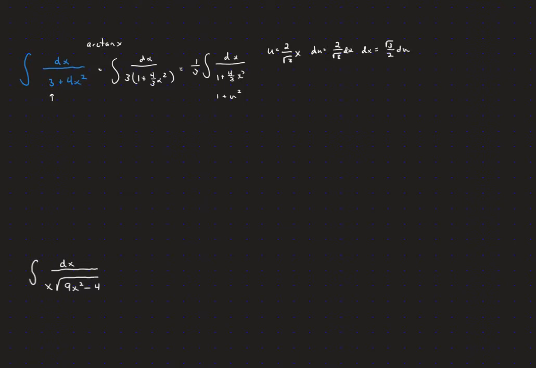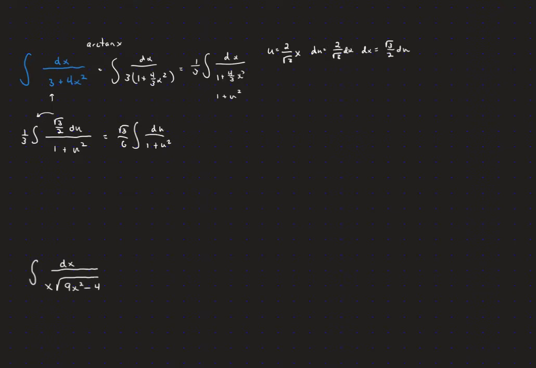So our integral is now going to have that 1/3 we pulled out. The dx is going to get replaced by the square root of 3 over 2 du all over that 1 plus u squared. The square root of 3 over 2 will pull outside, and so now that's going to look like, I guess, the square root of 3 over 6, and the integral is what we wanted to get.